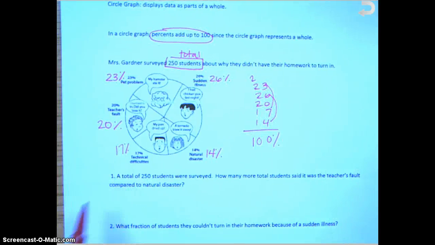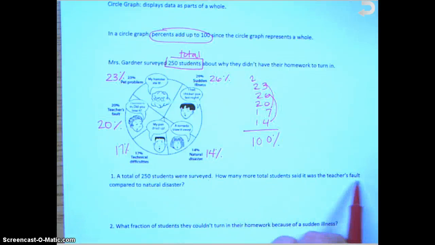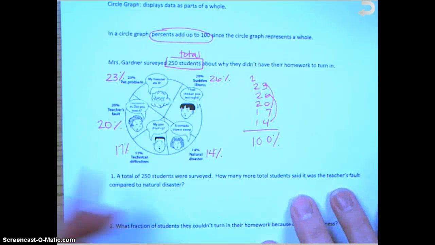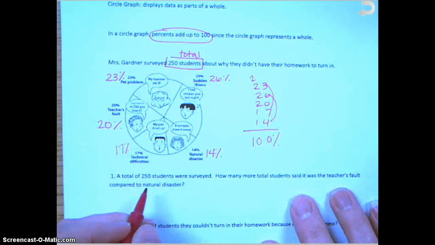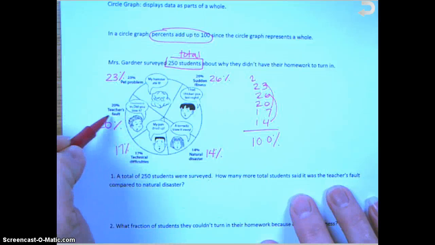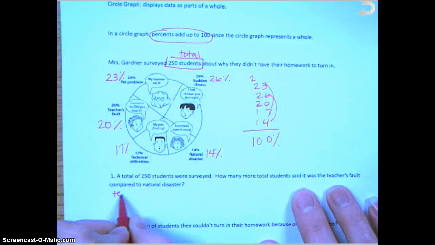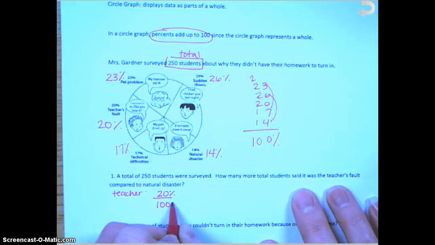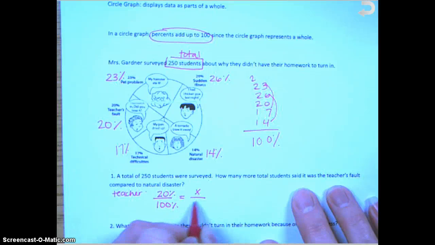So it says, number 1, there's 4 questions. Here's number 1. A total of 250 students were surveyed. How many more students said it was the teacher's fault compared to natural disaster? Well, let's figure out here. The teacher's fault was 20%. Out of 100% would be how many students out of 250?